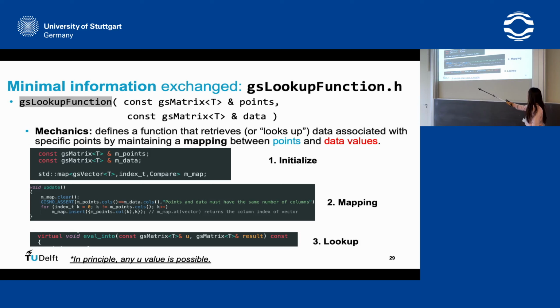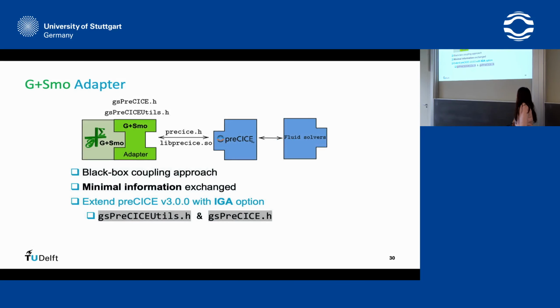In principle, any value is possible, but our adapter is inherited from the GS function class, so your value should also be a member of this class. And finally, our adapter is compatible with preCICE version 3. The main files for this adapter are GS preCICE utils and GS preCICE.h.